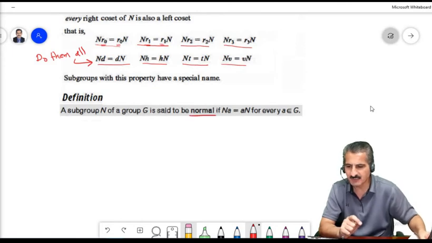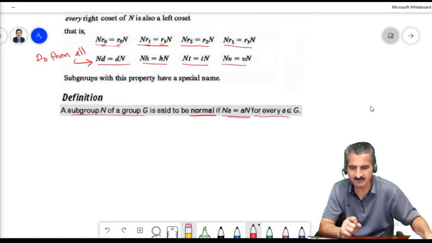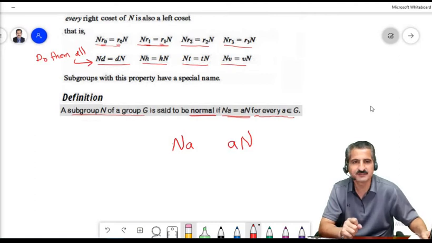So a subgroup N of G is called normal if NA equals AN for every element A in the group. So, having a subgroup N, take any element from the group, compute the right coset for that element, and compute the left coset of that element.